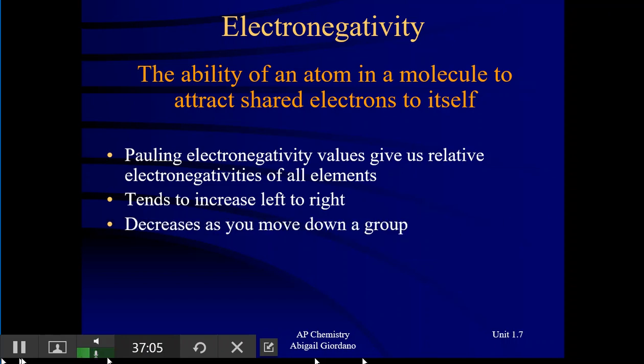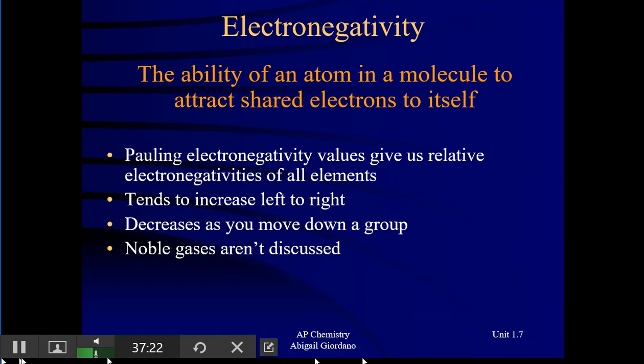Same trend moving from top to bottom. Effective nuclear charge decreases as you move down a group. So, elements become less and less electronegative as you move from top to bottom.